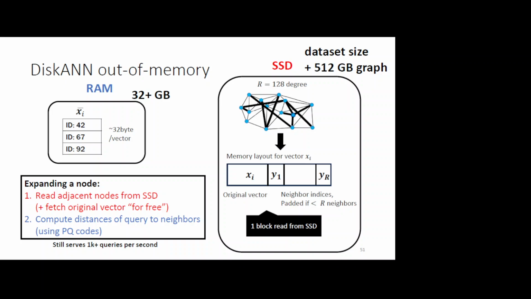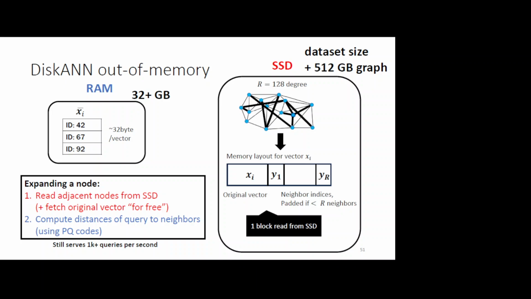Okay, so when we are going to do a search, how do we do it? First I will read your data and also your neighbors. Remember we have a graph structure here. Suppose I start from here. When I read this point, I can check its compressed PQ code in memory.